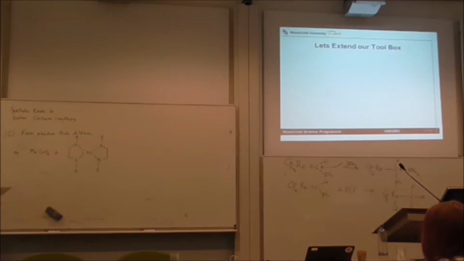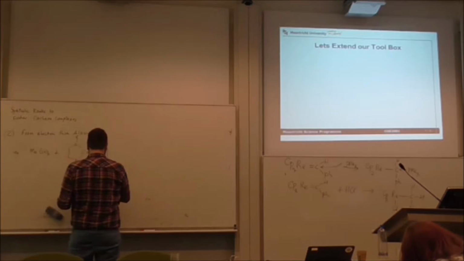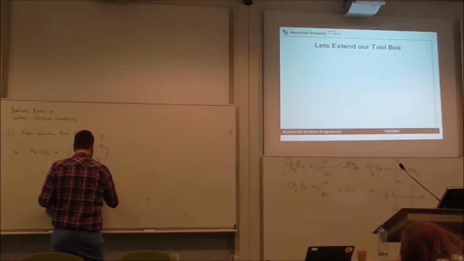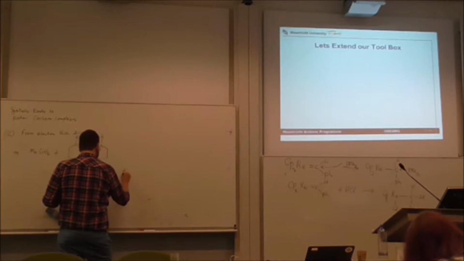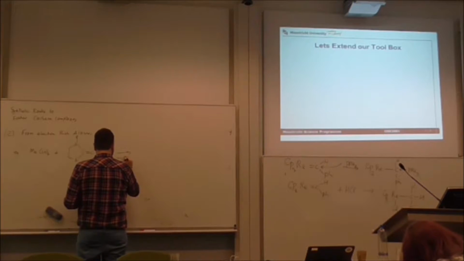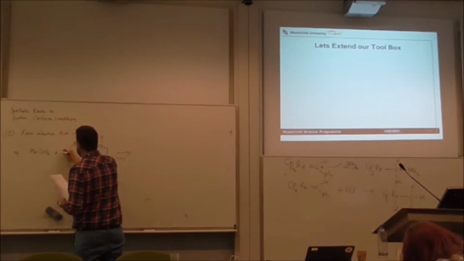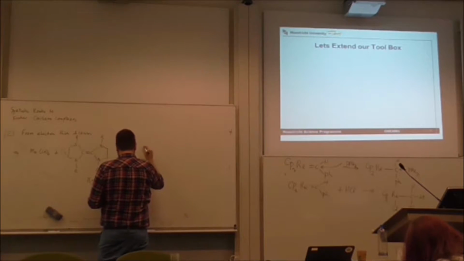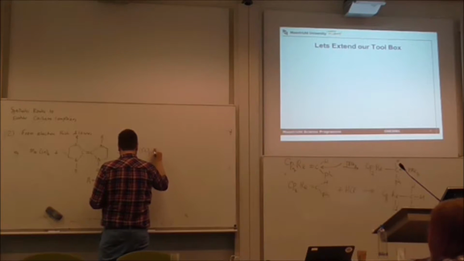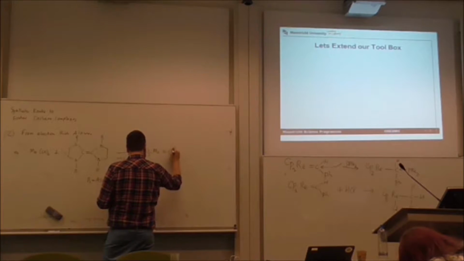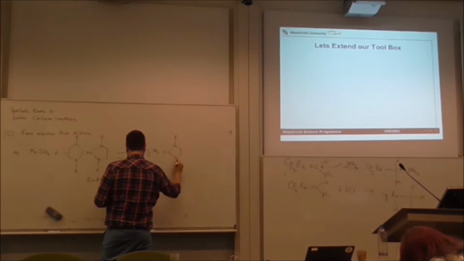So that's an electron-rich alkene. And you know what you get? Believe it or not, you get, minus CO, you get CO5 molybdenum C and R.